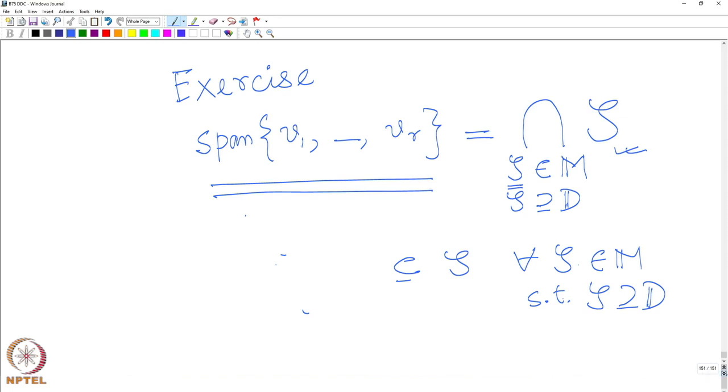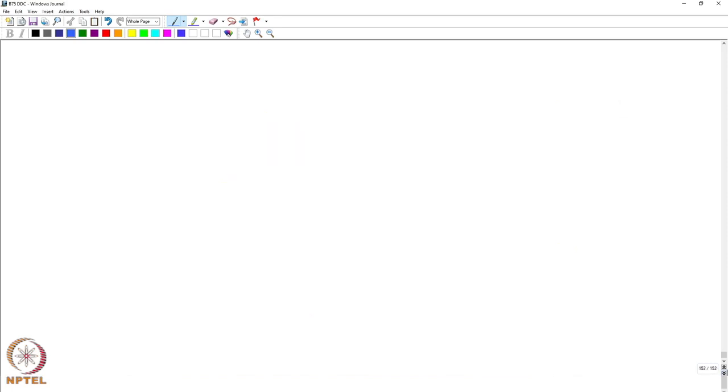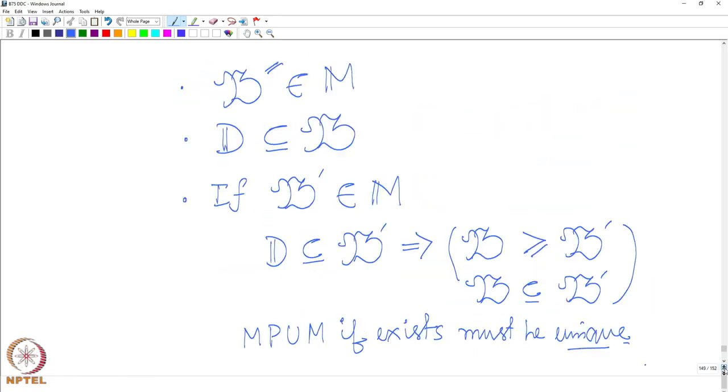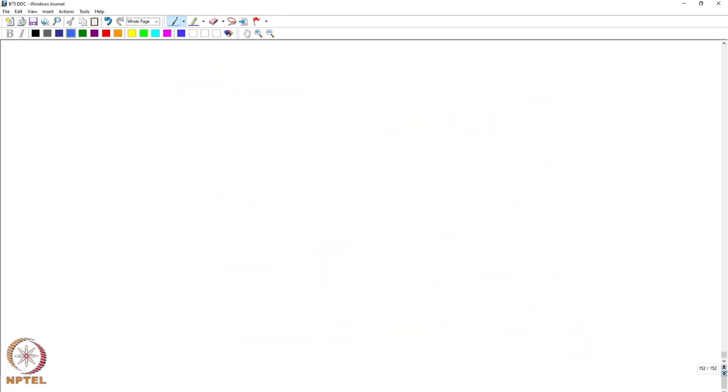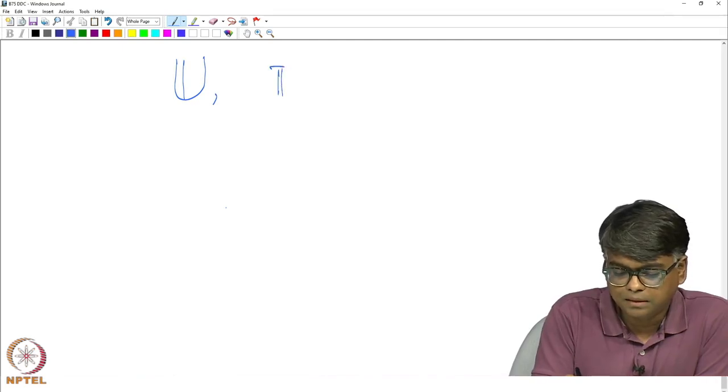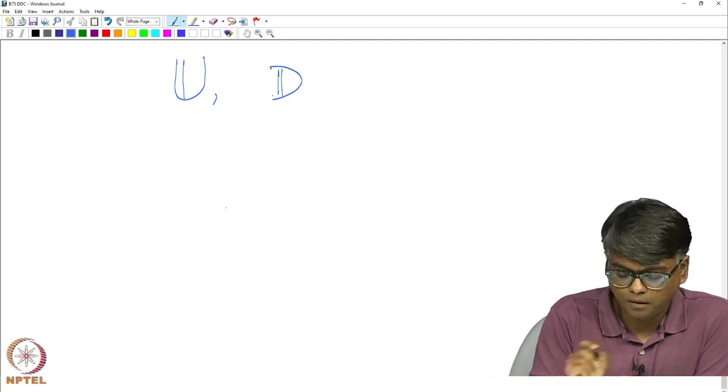Now, it so happens that for the general case also, for the general situation also, if it is possible, okay, given the universum, and we have this data, right.